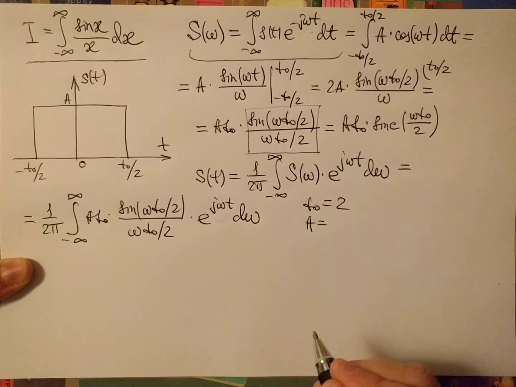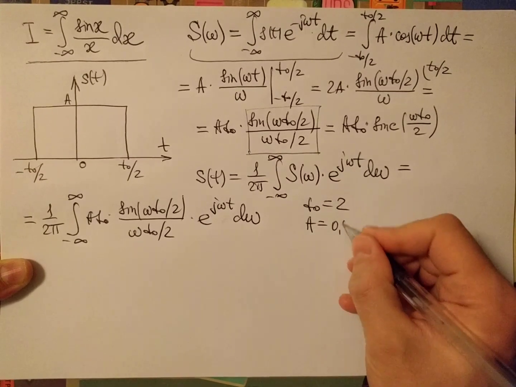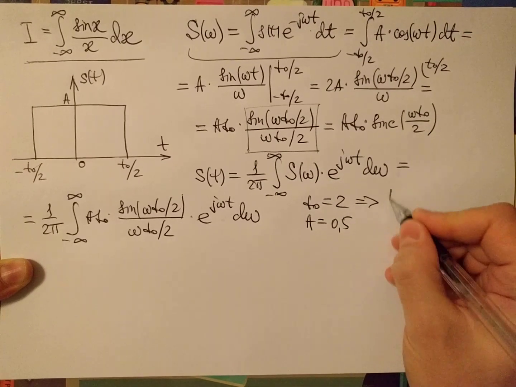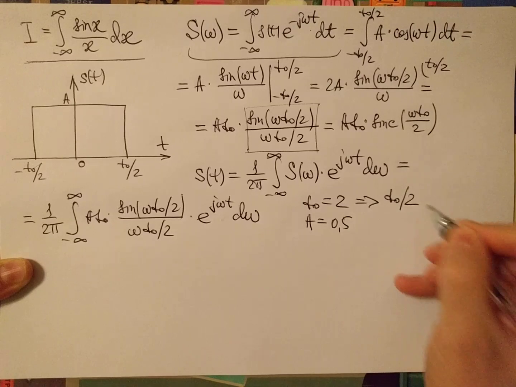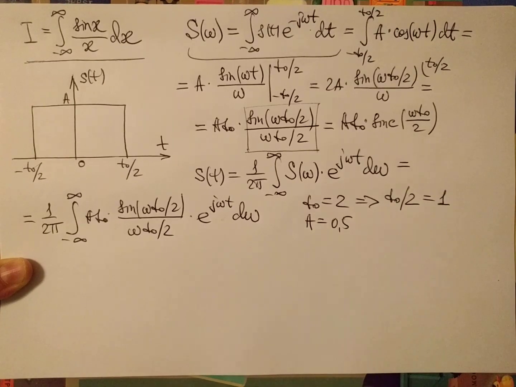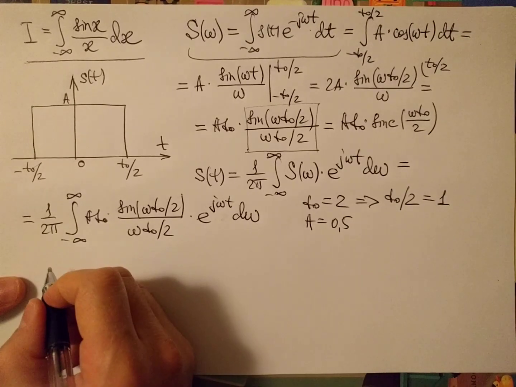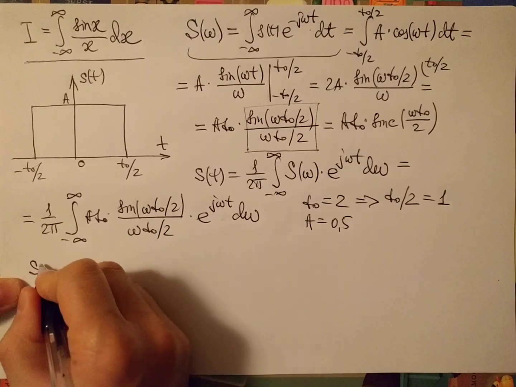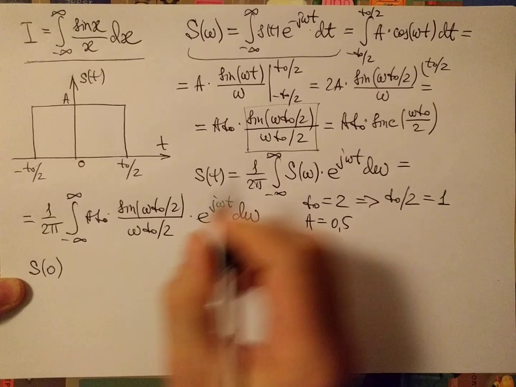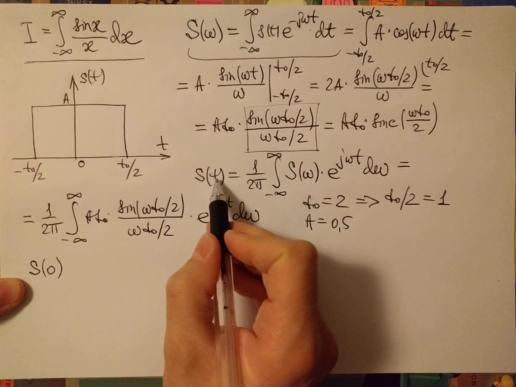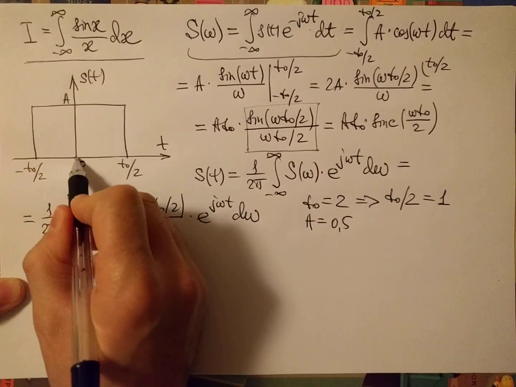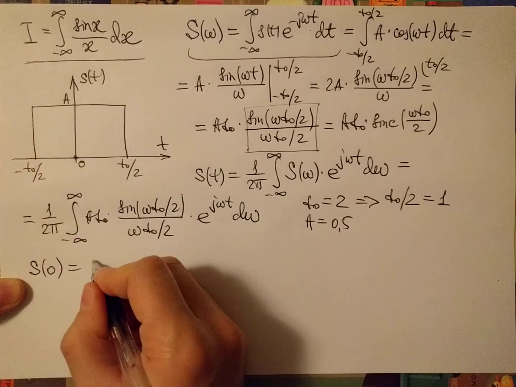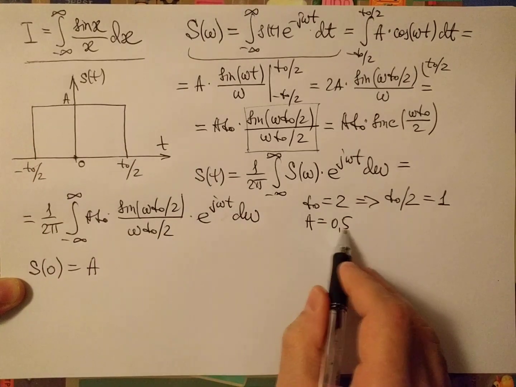A will be 0.5. Then t0 over 2 equals 1. And one more step. Let's calculate the signal value s from t at the moment t equals 0. And this value, according to this picture, is a, or 0.5.